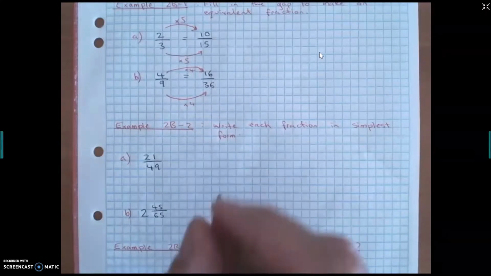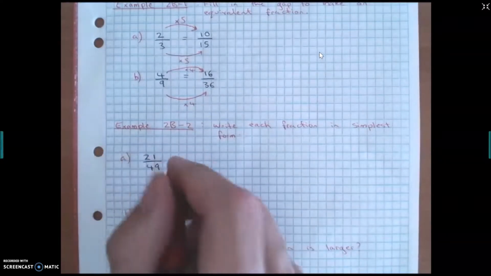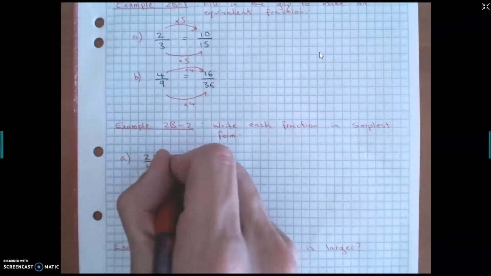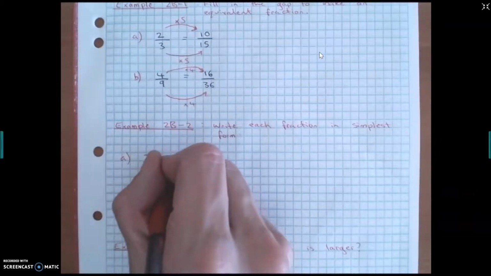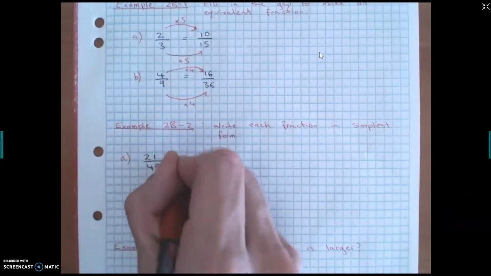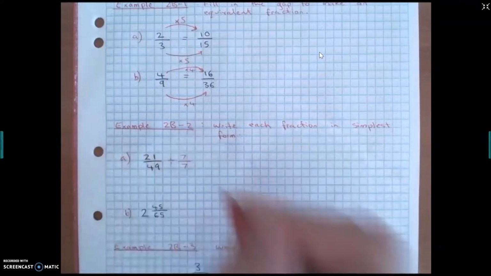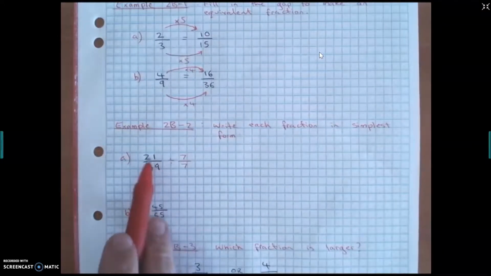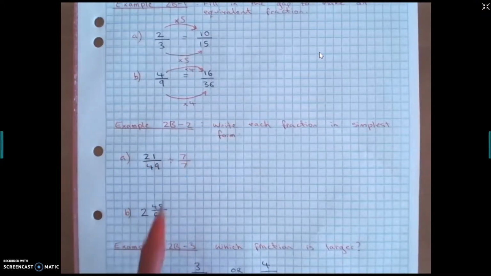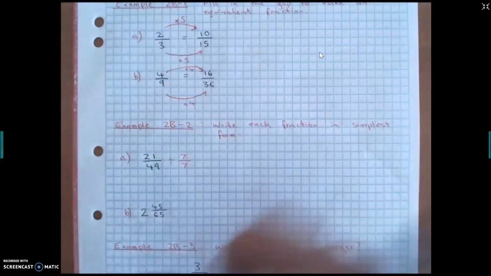So if I go 21 divided by 7 over 7, I'm dividing the top number by 7 as well as the bottom number by 7.